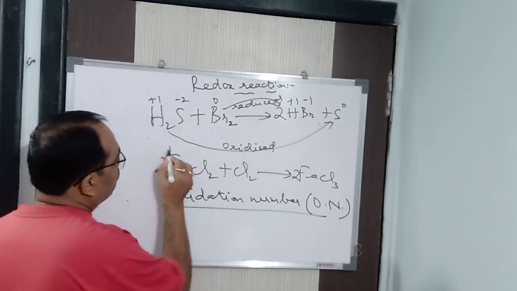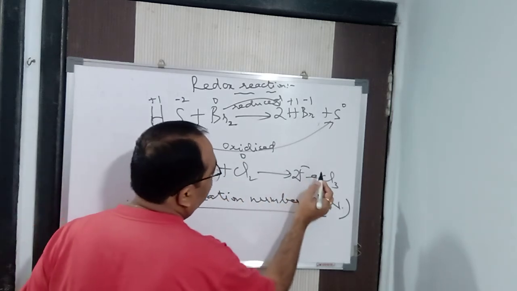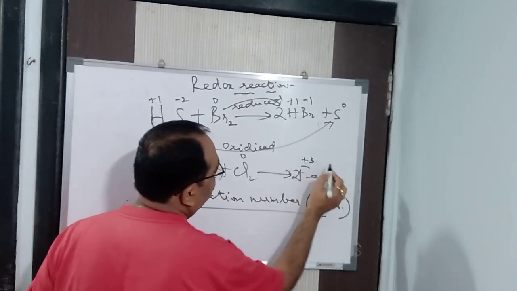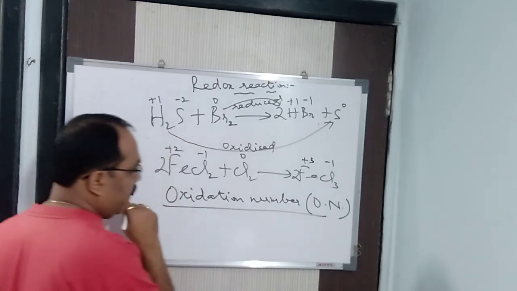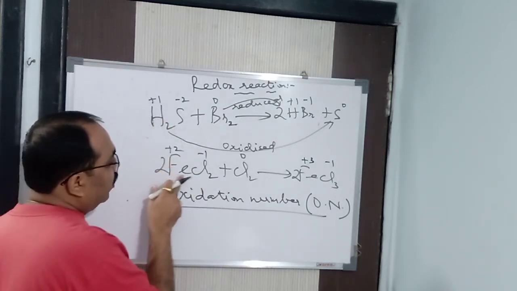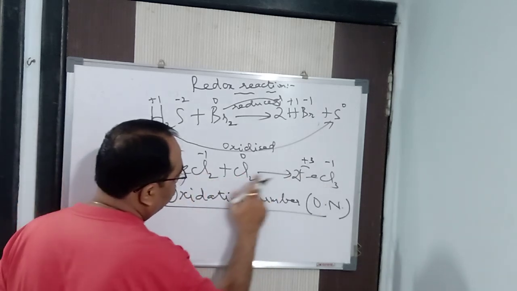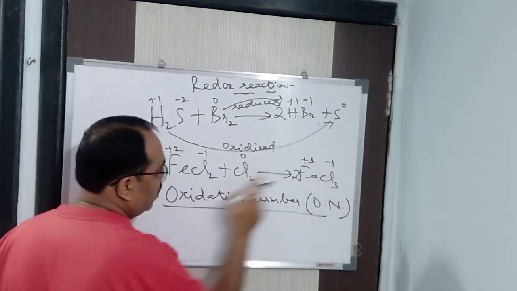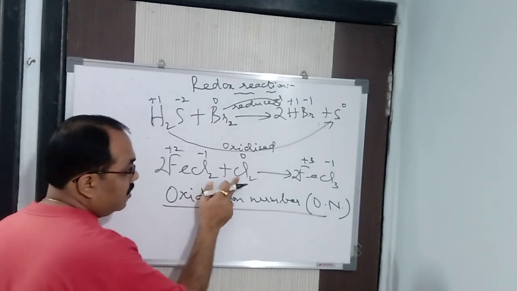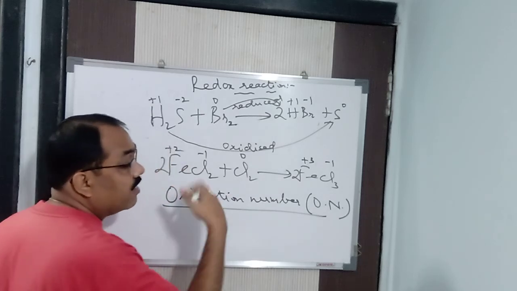Same thing, let me find out here also. For ferrous it is +2, for chlorine -1, and Cl2 is 0. Here it is ferric, +3, and chlorine is -1. Same way, I'll take it as x and find it out. Here chlorine changes from 0 to -1. It acts as an oxidizing agent, because an oxidizing agent oxidizes other substances and itself gets reduced.